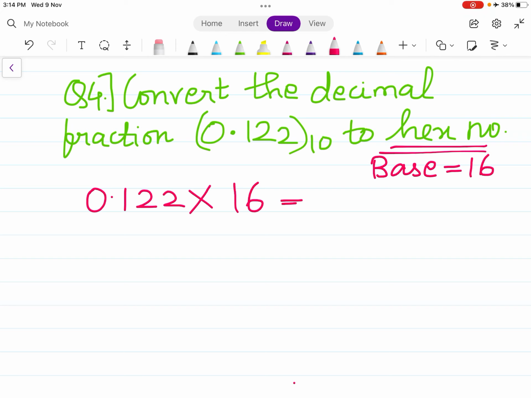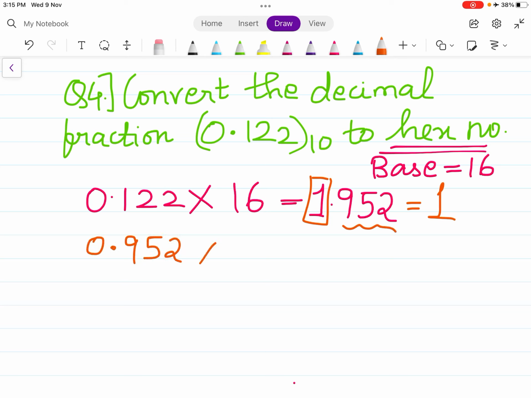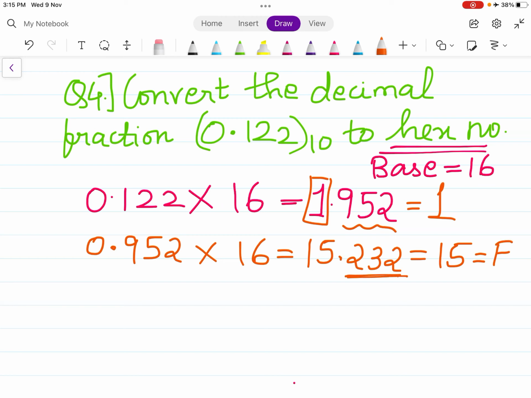So 0.122 into 16 is 1.952. My carry generated is 1 and my fractional part is 0.952 into 16, which is 15.232. So my carry is 15, and we know 15 corresponds to the letter F.